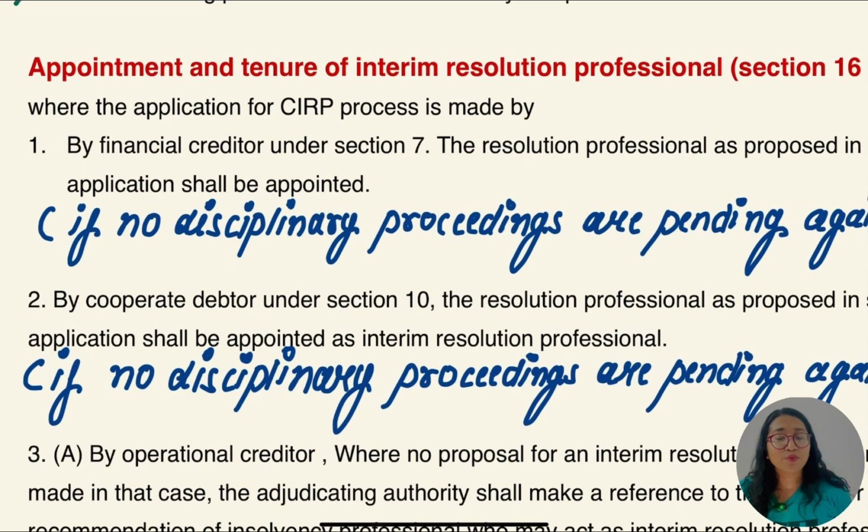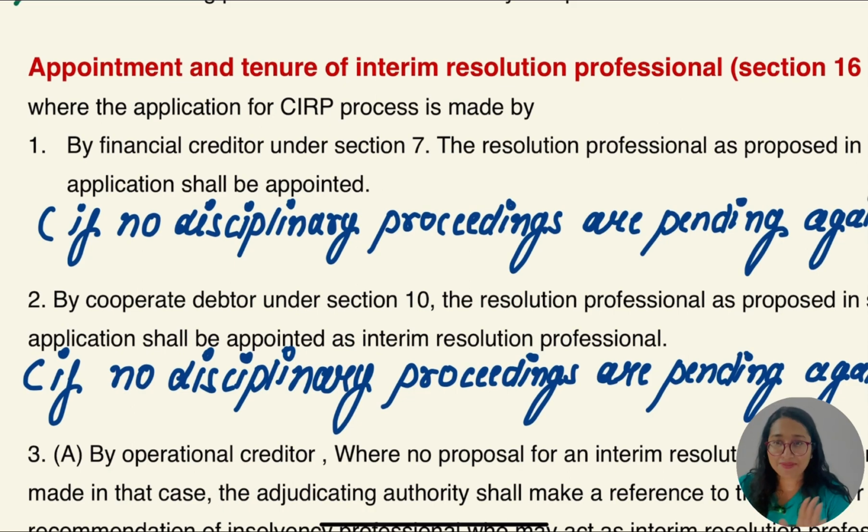They can propose the name of the resolution professional to the AA if they have no disciplinary proceeding pending against that person. So if no proceeding is actually pending against the proposed name given by the financial creditor or the operational creditor, then the AA is going to take that name for the further process.